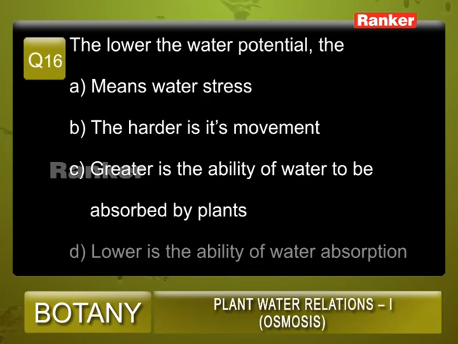Question number 16. The lower the water potential, A, it means water stress, B, the harder is its movement, C, greater is the ability of the water to be absorbed by plants, D, lower is the ability of water absorption.